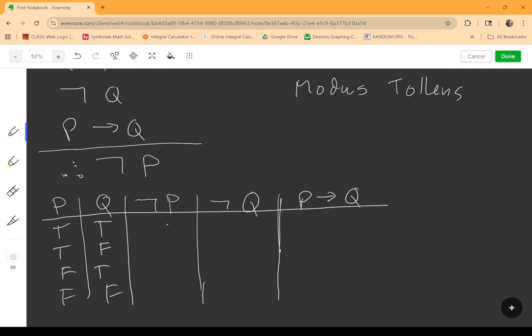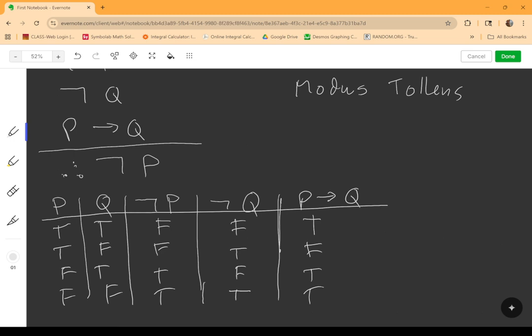All right, and not P is just the opposite of P, so false, false, true, true. Not Q is false, true, false, true. All right, and then our implication, P implies Q, true, false, true, true.